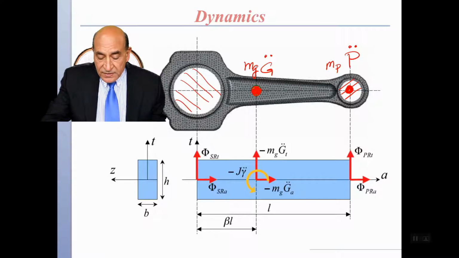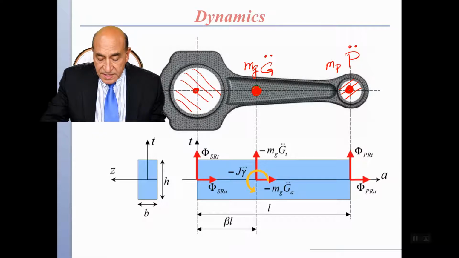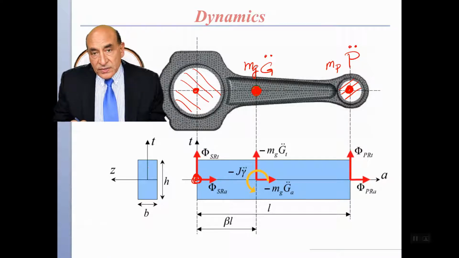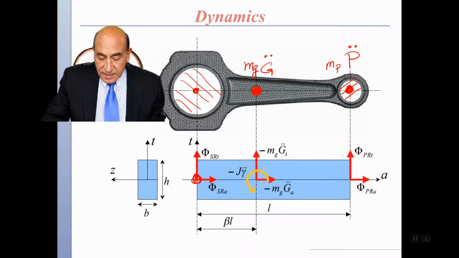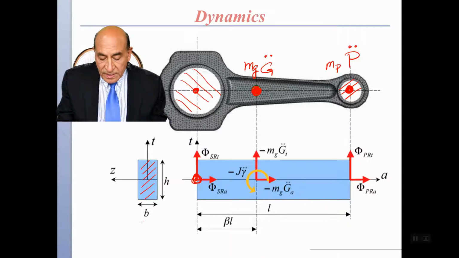So the crankshaft is going to be assumed to have a center, and this center is going to give us a reaction force on the rod, and the rod is a beam, and the beam simply has a simple cross-section for the moment. Initially we're going to assume that it is a rectangular cross-section with a breadth B and a height H.